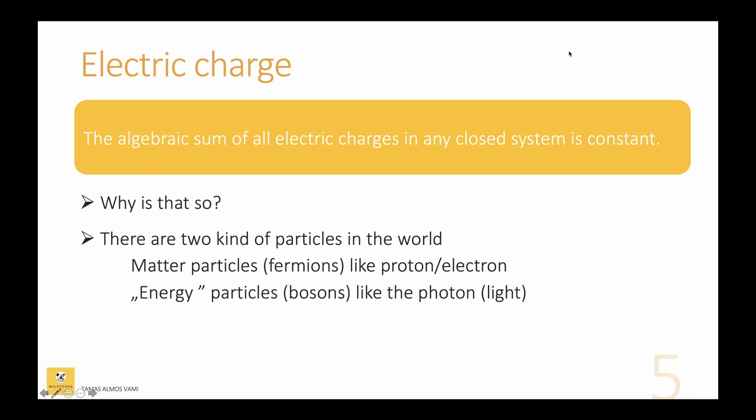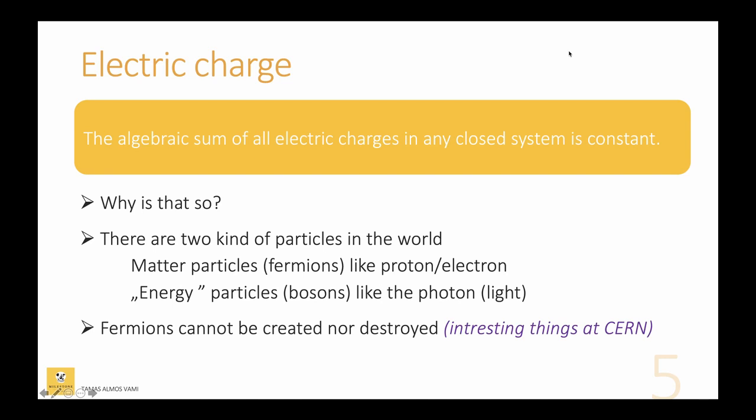An example of a boson is the photon. Examples of fermions are the proton or the electron. An interesting property of fermions is that they cannot be created nor destroyed. That's the source of why the algebraic sum of all electric charges in a closed system must be constant.